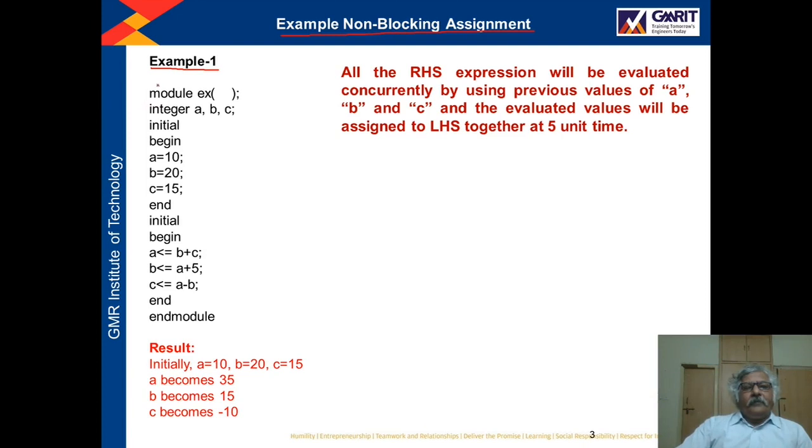Now in this example, I have taken initial blocks to explain the non-blocking assignment statement, and we know the property of the initial block is that it executes only once, right? So here there are three integers a, b, c. This is initial block number one, and in initial block number one we are using blocking statements, right?